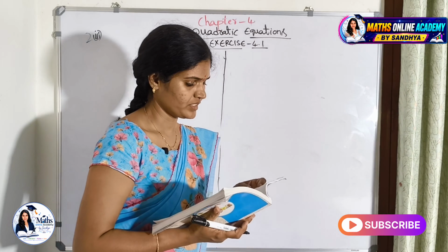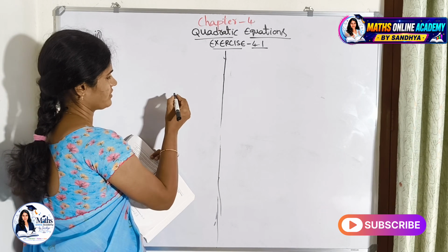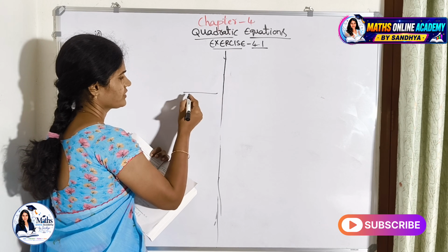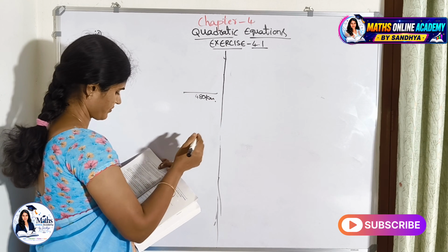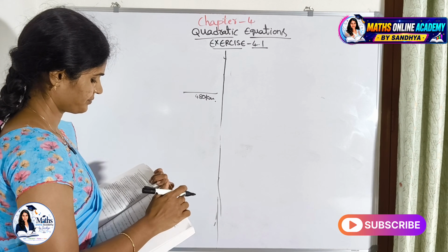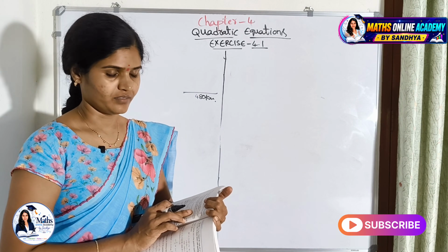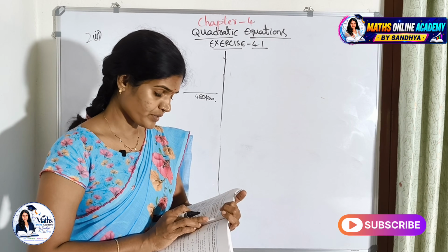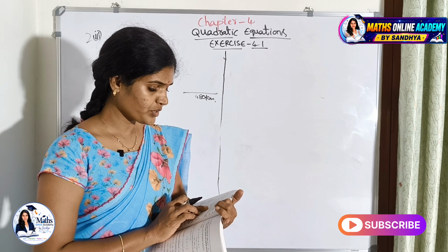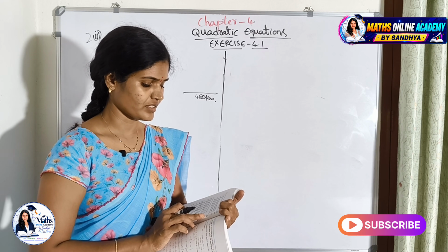No need to find. A train travels a distance of 480 kilometers. So, for example, this is the 480 kilometers, at a uniform speed. If the speed had been 8 kilometers per hour less, then it would have taken 3 hours more to cover the same distance.